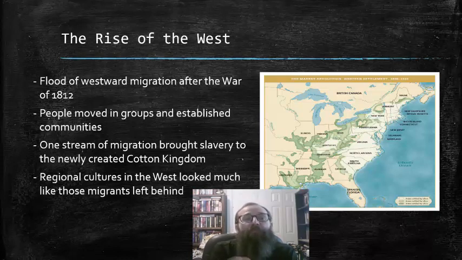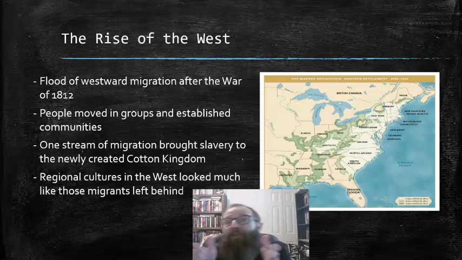People generally moved in groups and established whole new communities in the regions that they moved into. One stream of this migration brought slavery to the newly created Cotton Kingdom, which we will elaborate further on in just a little bit.